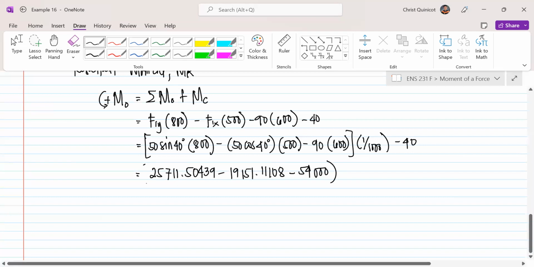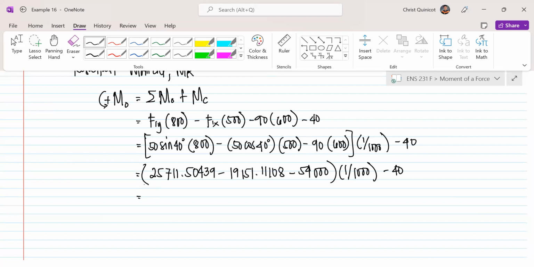All of these in parentheses times 1 over 1000, minus 40. This is equal to 25,711.50439 minus 19,151.11108 minus 54,000.